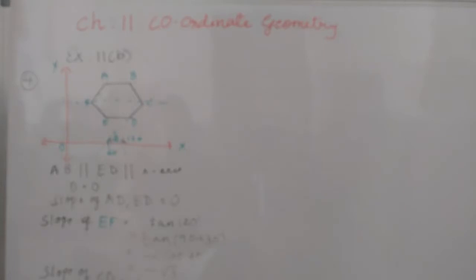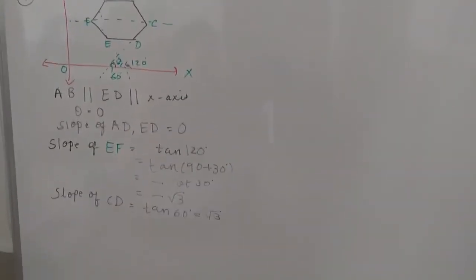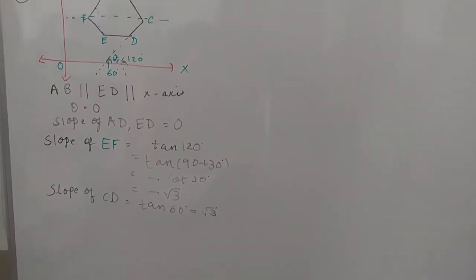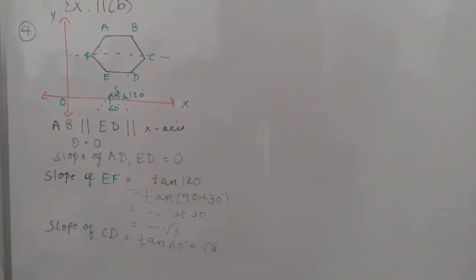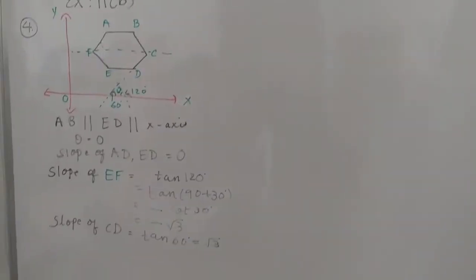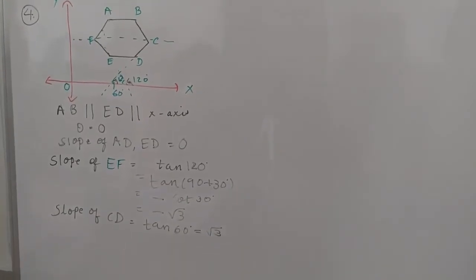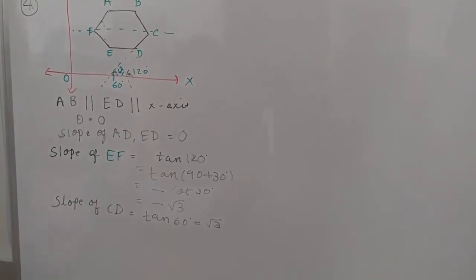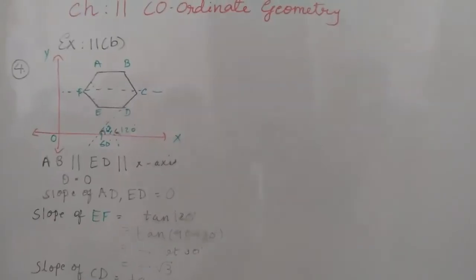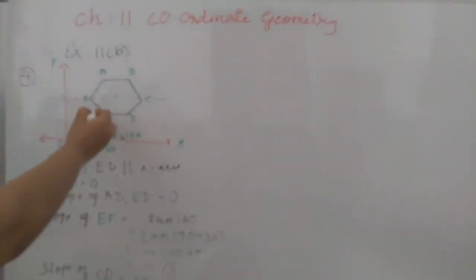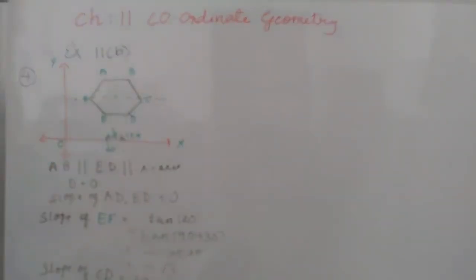So similarly students, in the figure you can see BC side and now AF sides are remaining. BC and EF are parallel and AF and CD are parallel. In the figure you can see that BC parallel to EF and AF parallel to CD, means the slopes are equal.